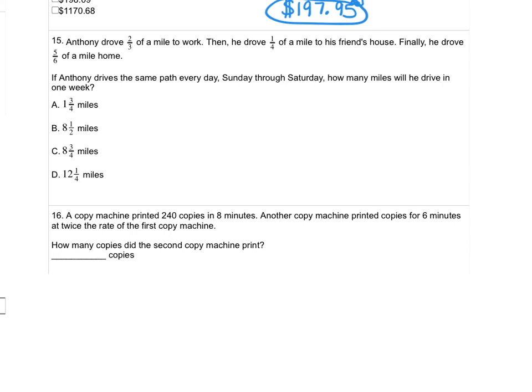Number 15. Anthony drove 2/3 of a mile to work, then he drove 1/4 of a mile to a friend's house, then he drove 5/6 of a mile home, and he drives the same path every day, Sunday through Saturday. How many miles will he drive in 1 week? So each day, he drives 2/3 plus 1/4 plus 5/6, and he does this 7 days a week, so we multiply that by 7. So we need to go through and add these numbers.